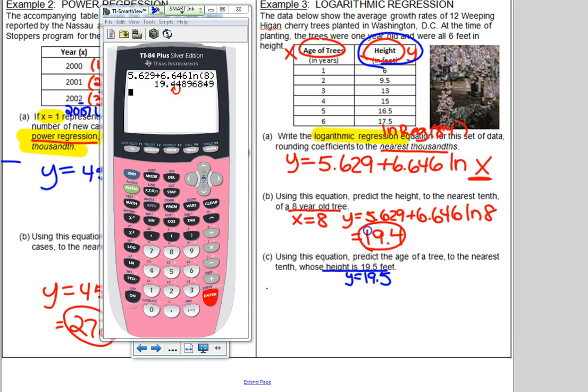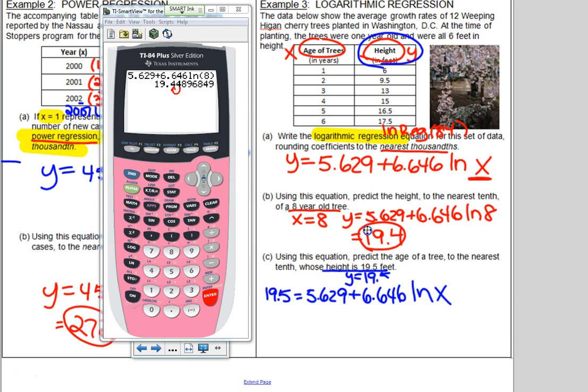Okay, so I'm going to fill in 19.5 equals, and then the rest. With the power and the exponential regressions too, you could have been asked to solve for the x also. So all the stuff you learn this unit is going to come into play when the solving part comes in, if they ask you a question about solving.